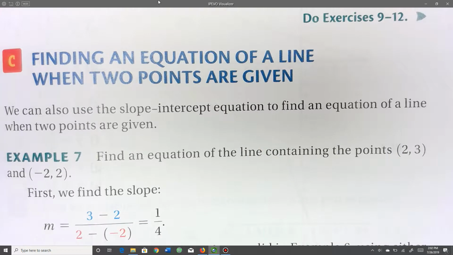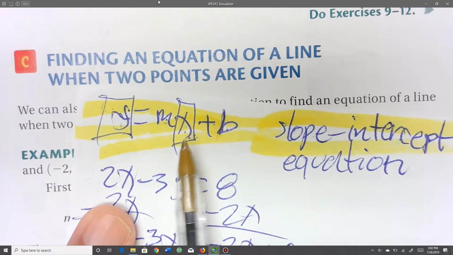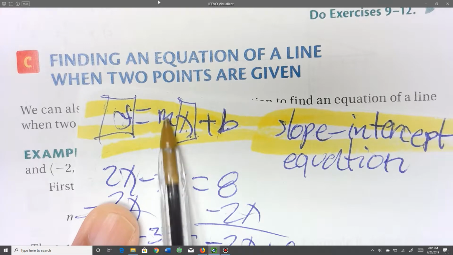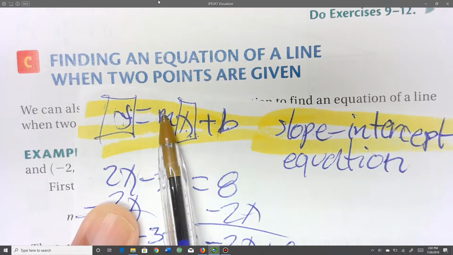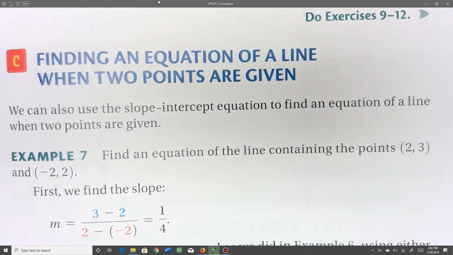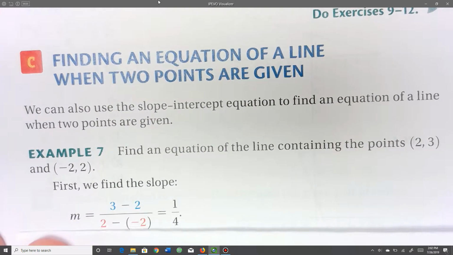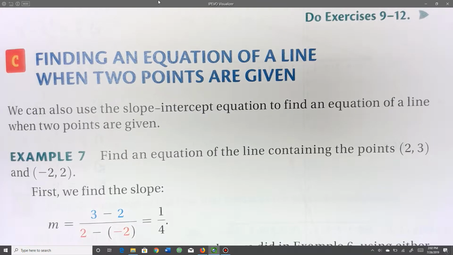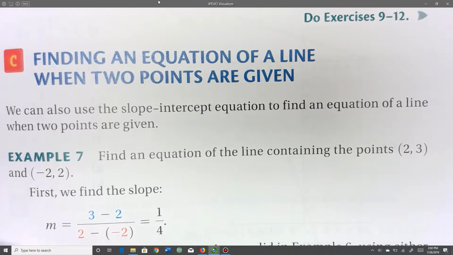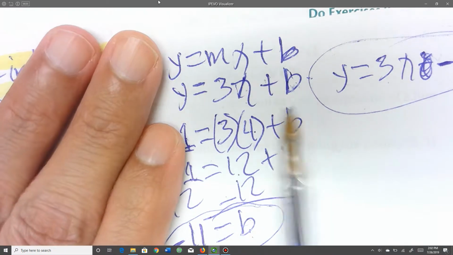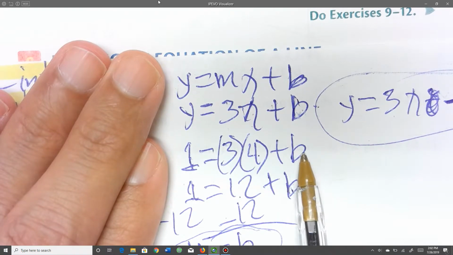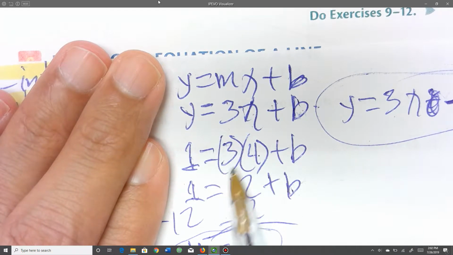In other words, this part here. So far they have been doing so, but not this time. That means we need to find the slope and the y-intercept. In this case though, trying to find that y-intercept would be difficult, because remember how over here we found the y-intercept because we knew the slope.